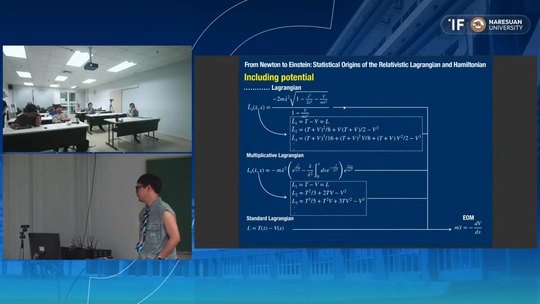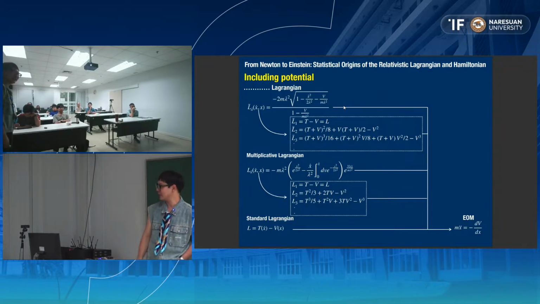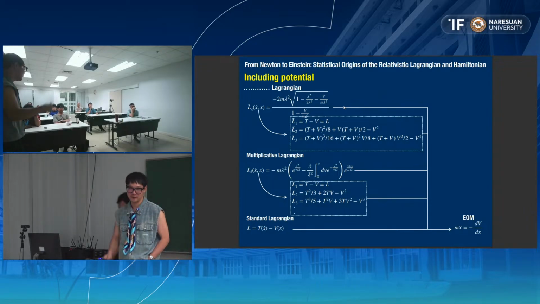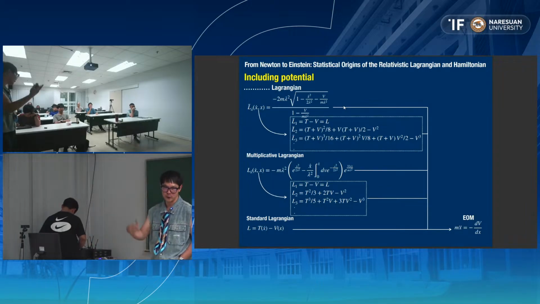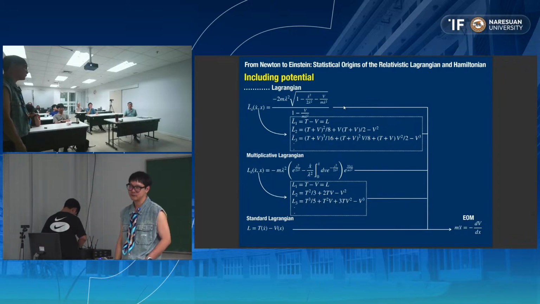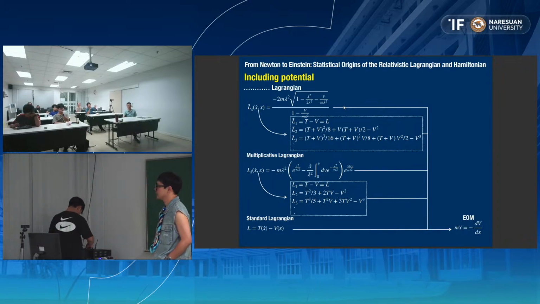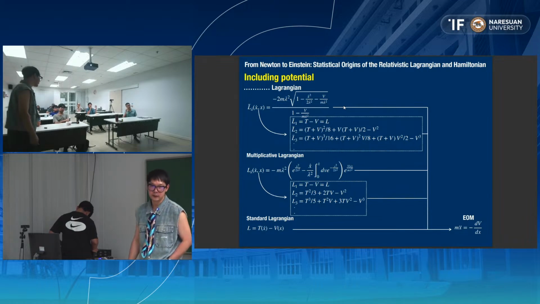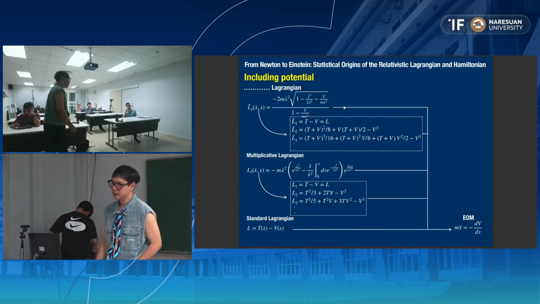If L2 is the same, then the rest should be the same up to some scaling factor, right? How do you obtain this Lagrangian again?